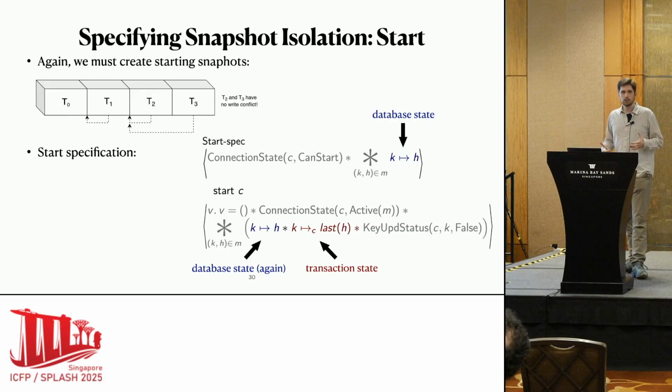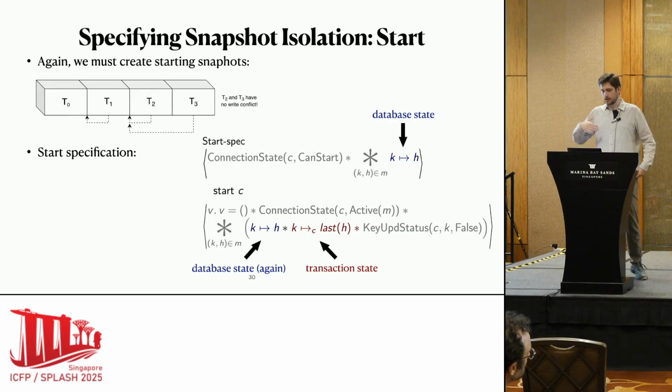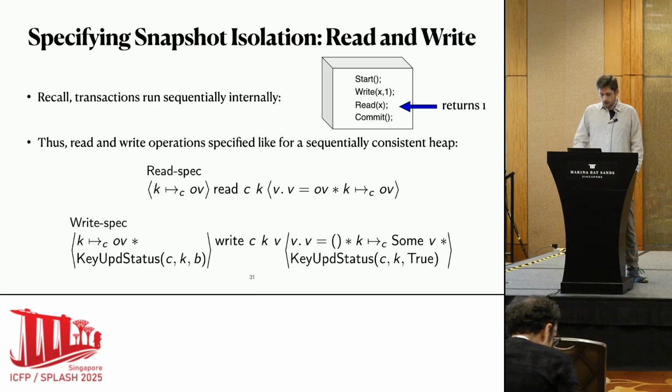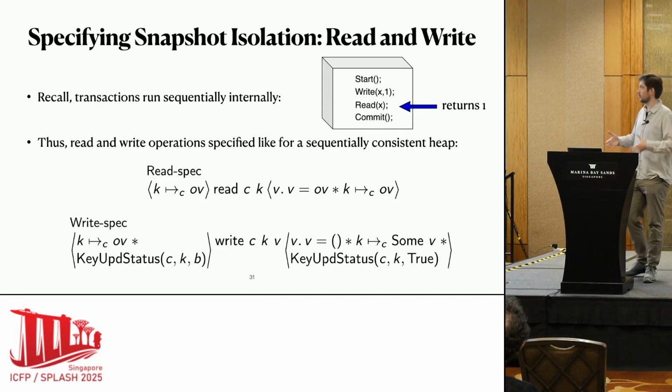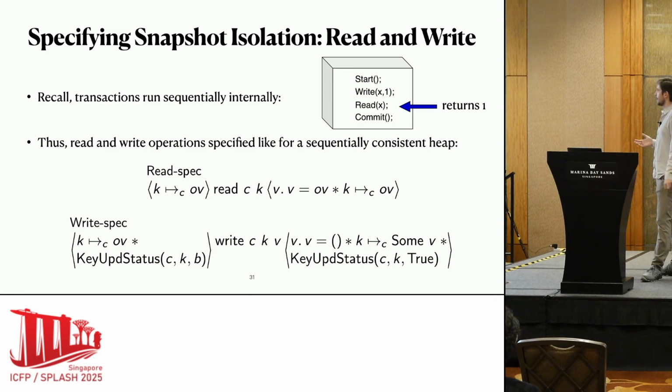So with these local resources, now the transaction is ready to do all the reads and writes it wants. To specify read and write, let's recall that transactions run sequentially internally. So you are reading your own writes, and in snapshot isolation for your non-local reads, you're reading from this starting snapshot that we just created.